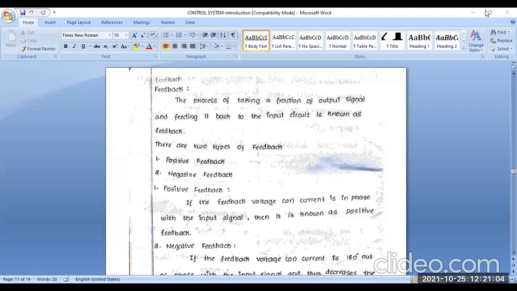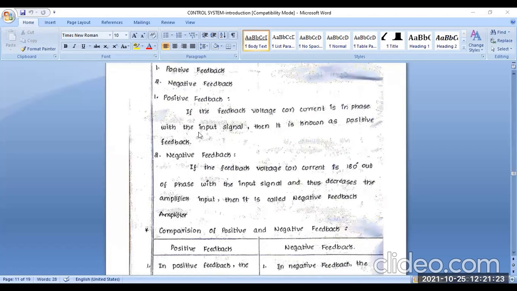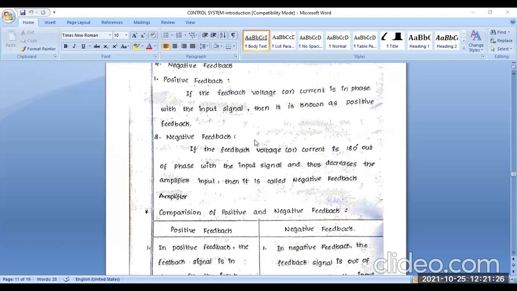This feedback loop is attached between the output signal and the corresponding input signal. According to this format, we classify the feedback system into two categories: the positive feedback system and the negative feedback system. In the positive feedback system, the feedback voltage or current is in phase with the input signal.